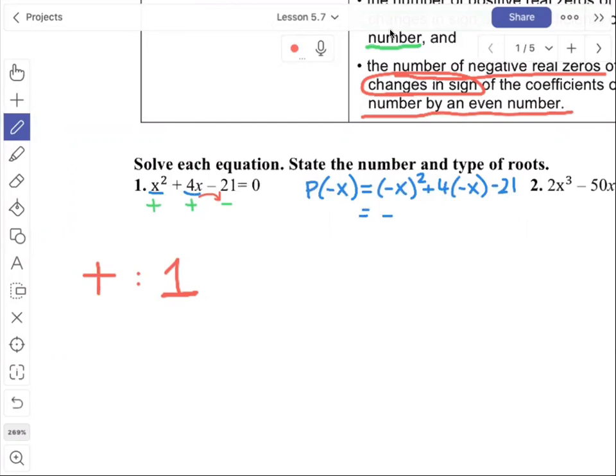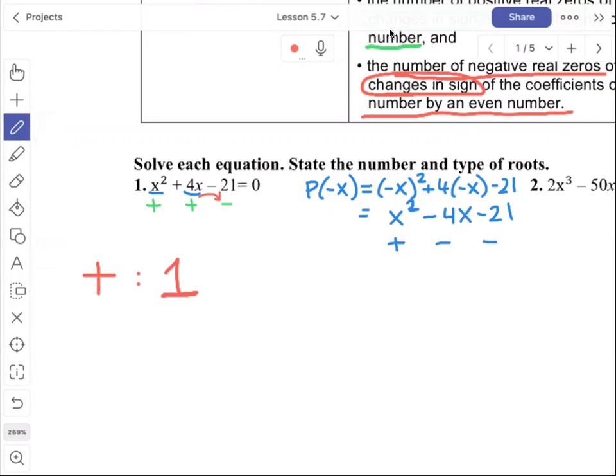That gets me negative, oh, sorry, that's going to be positive, right? Because of the square, minus 4x minus 21. Okay, so looking at the sign changes, I'll just put it underneath here. I have positive, I have a negative, and I have a negative.